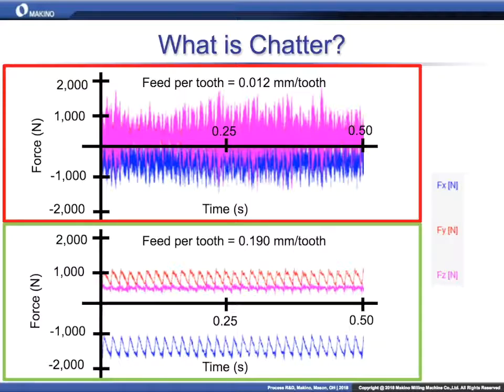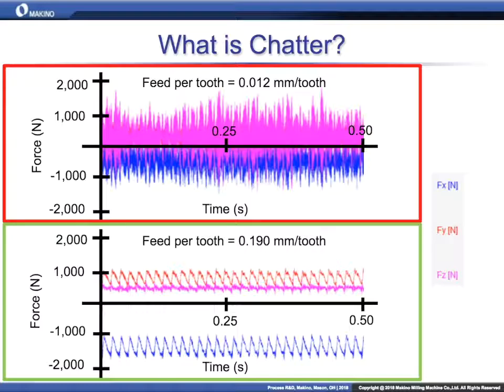When it comes to feed per tooth values, it seems intuitive to suggest that if you decrease your feed, it's always going to decrease your forces. What happens, though, is when you decrease your feed per tooth too much, you're not able to effectively shear the workpiece or shear off a chip.